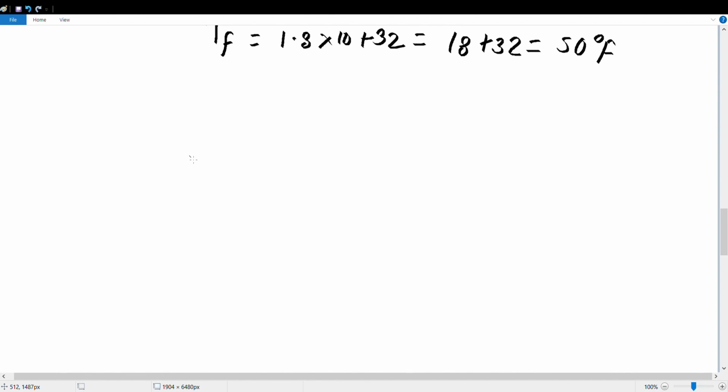Now let us see the definition of heat. What is heat?